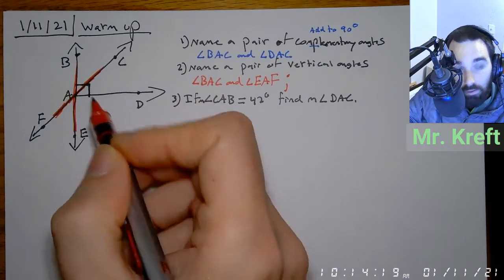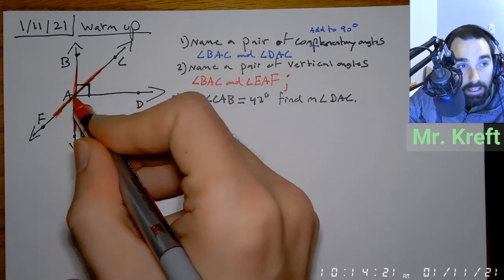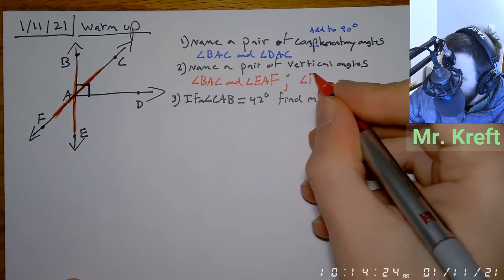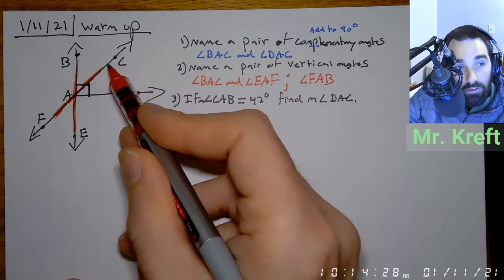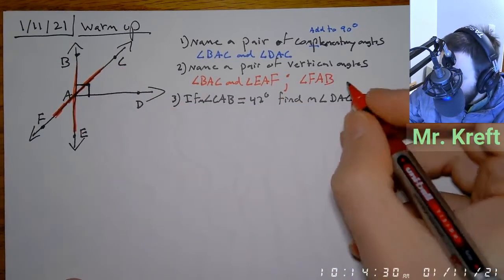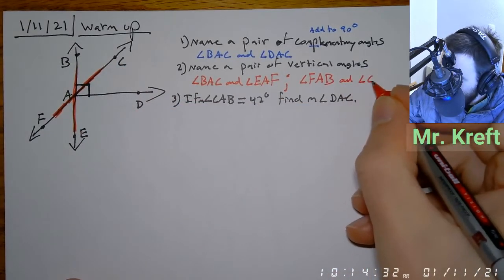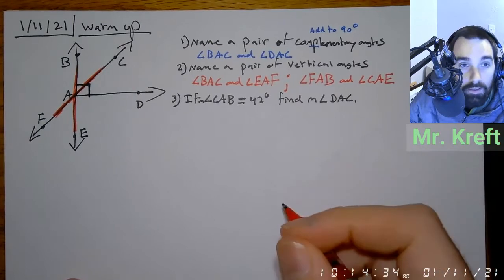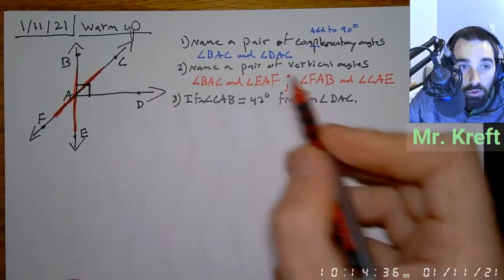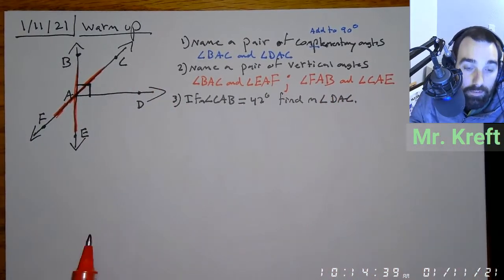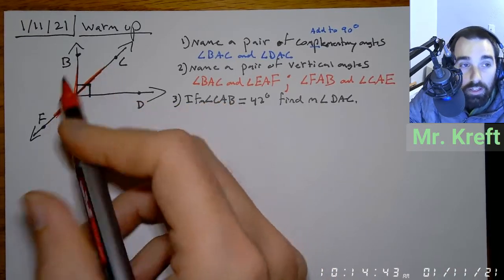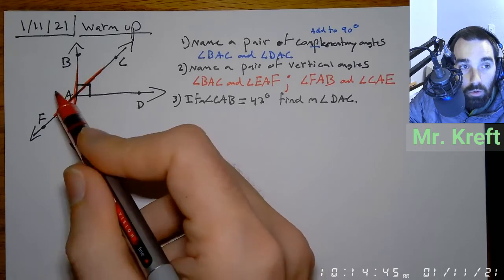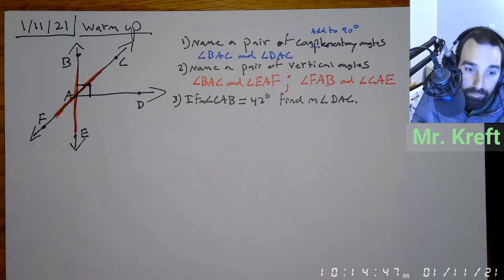You could also go left and right, so I could do angle FAB, that's the one to the left, or I could do angle CAE. Again, you can switch around the first and last letter and have the same answer. So vertical angles, we're looking for those X's. Here I could do top and bottom, or I could do left and right.